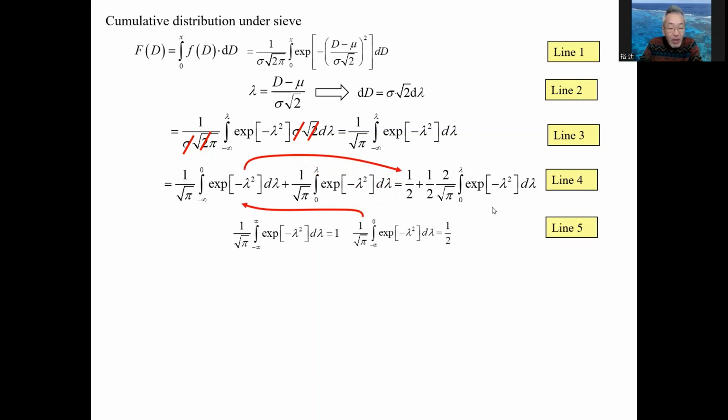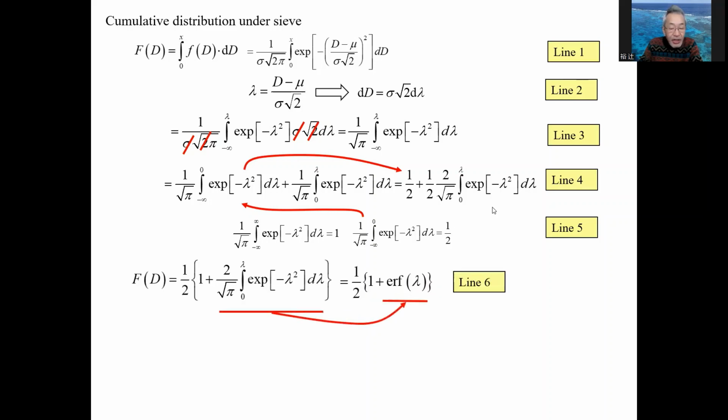The formula shown on the fifth line is used for the above transformation. The second equation on the fourth line is slightly modified. Then FD can be expressed as shown on the sixth line.